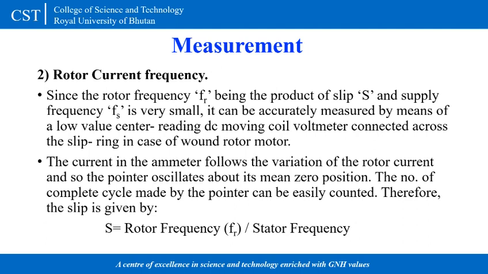Now coming to the second method, that is rotor current frequency method, we have to necessarily use slip ring induction motor. We cannot use squirrel cage induction motor, because in this type of motor we cannot add external resistance.